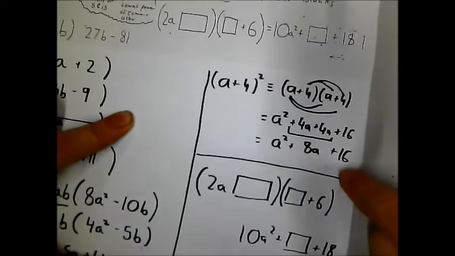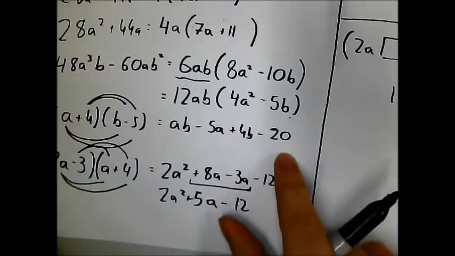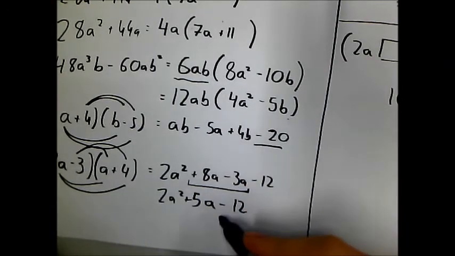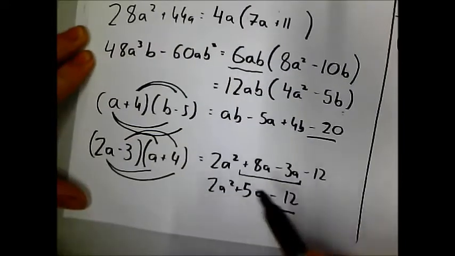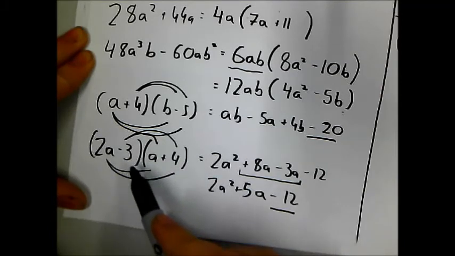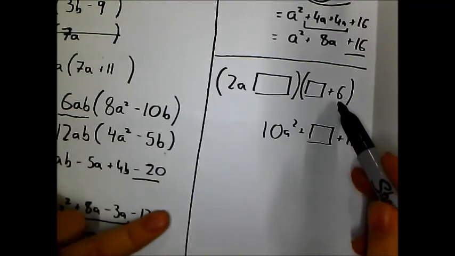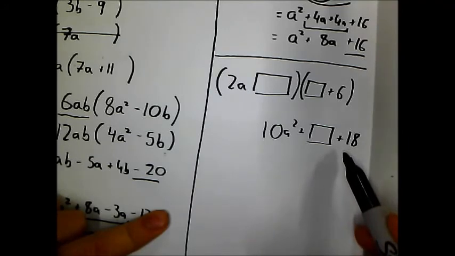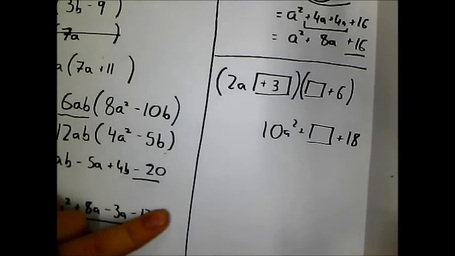Now if you look at all of our previous examples for expanding double brackets, this final number here, negative 20, negative 12 and plus 16, was all found when you multiplied the last number by the last number. So negative 3 times 4 gave you negative 12, 4 times negative 5 gives you negative 20. So here, I want to multiply 6 by something to get positive 18. So that has to be plus 3, because 3 times 6 gives you 18.